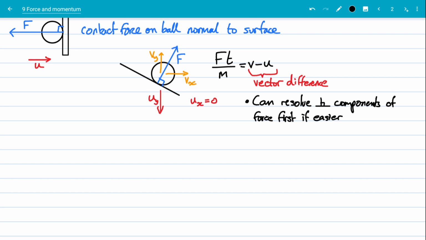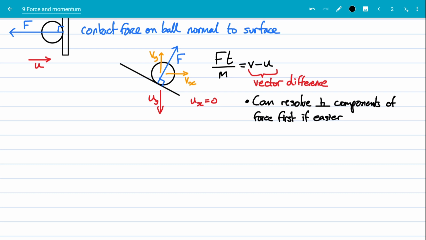And so we can say, right, what's the vertical change in velocity? What's the horizontal change in velocity? And then use Pythagoras and other trig to get the magnitude and direction later. We can do that if it's easier.